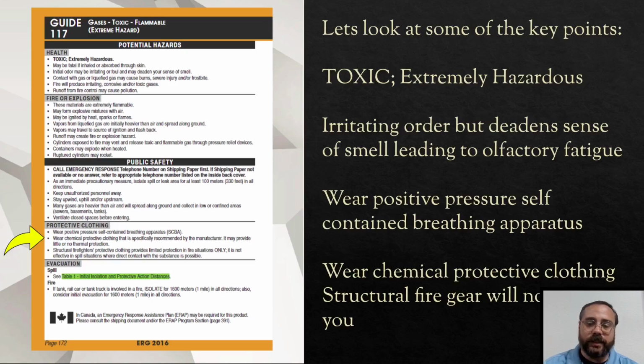If you don't know anything else except there's cyanide out there, cyanide can absorb through unbroken skin at high enough concentrations. Fully encapsulated suit, level A suit with self-contained breathing air is the only appropriate PPE when you do not know the concentration of cyanide. Remember that structural fire gear does not provide sufficient protection from chemical exposure. That will not protect you. You need to be wearing an encapsulated suit.